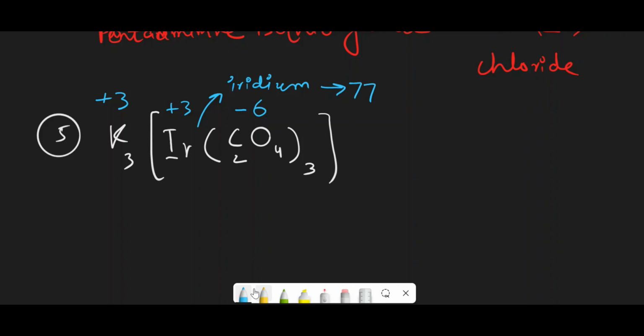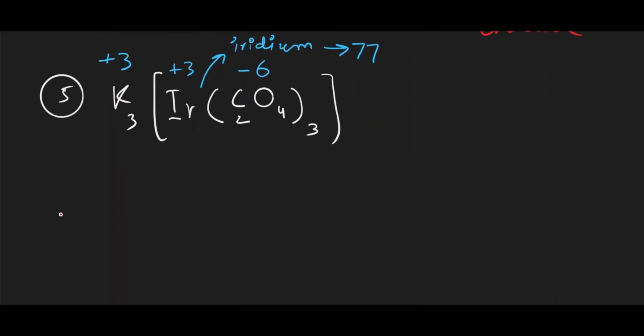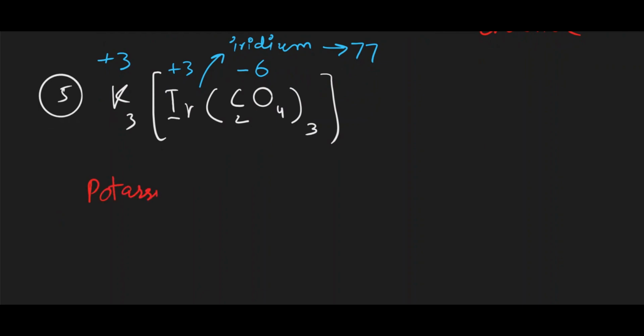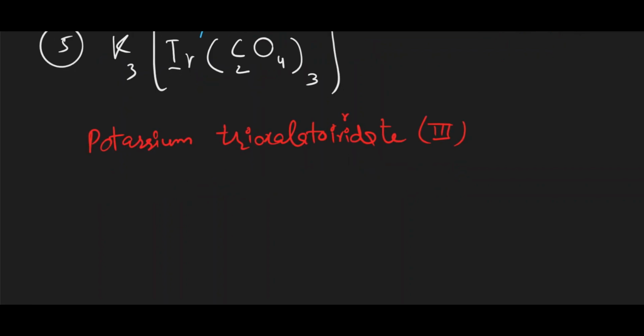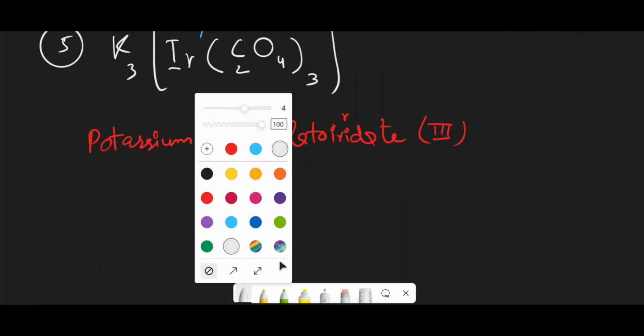It's a metal atom, and it becomes potassium because we have to name the positive one at the very first, then we name the elements or molecules that are inside the bracket, the central metal atom along with the ligand. We name the ligand first, and then at last in the end we name the central metal atom. So it becomes potassium trioxalato iridate 3.